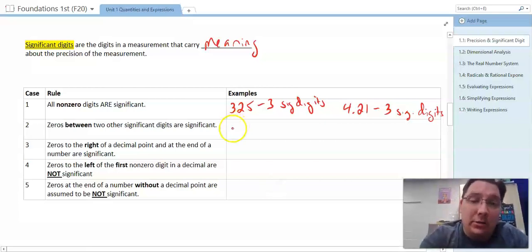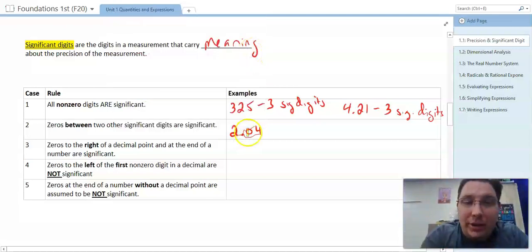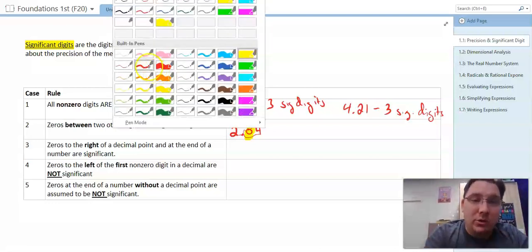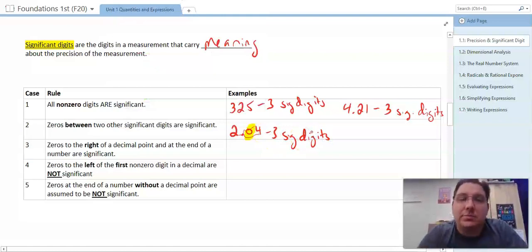So if I have the number 2.04, the 0 in the middle here, and I know I'm putting my hand in front of that camera, so excuse me for that as I write on the screen, that 0 in the middle is going to be significant because it's between 2 non-zero numbers, the 2 and the 4. So this would have 3 significant digits.